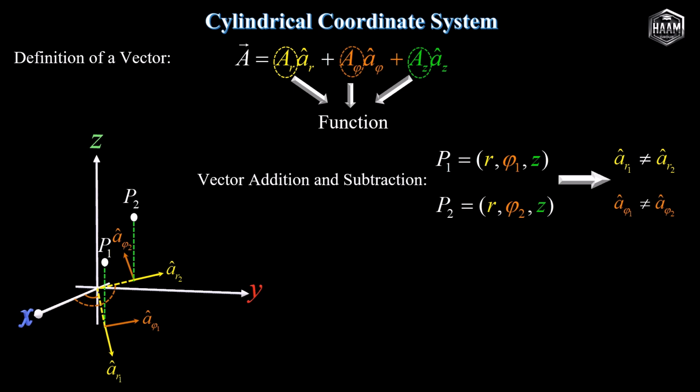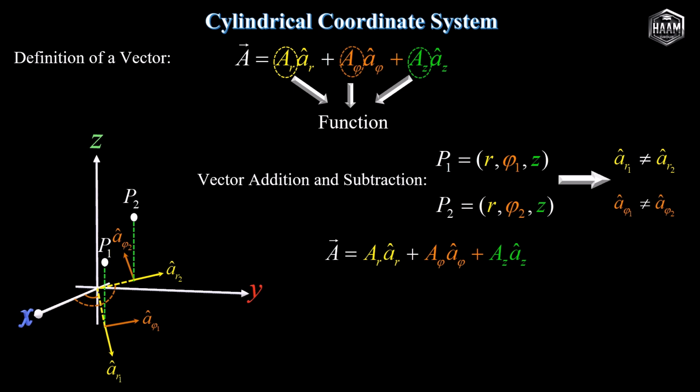As is evident, unit vector a hat sub r1 is not equal to unit vector a hat sub r2, nor is unit vector a hat sub phi1 equal to unit vector a hat sub phi2.